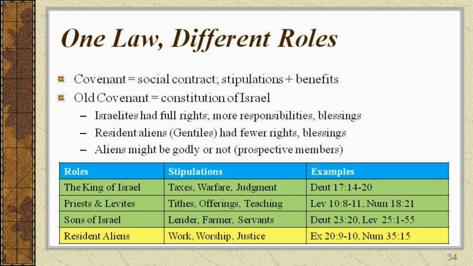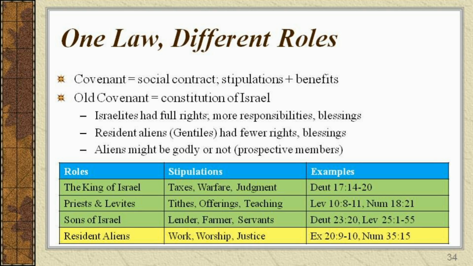According to the terms of the Old Covenant, every Israelite enjoyed the full rights and privileges of citizenship within the nation of Israel. They had more responsibilities and obligations than resident aliens, but they also enjoyed greater blessings and benefits as a result. Gentiles living in the land of Israel were resident aliens.